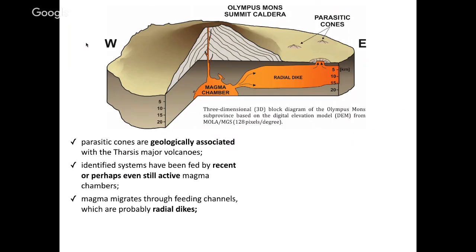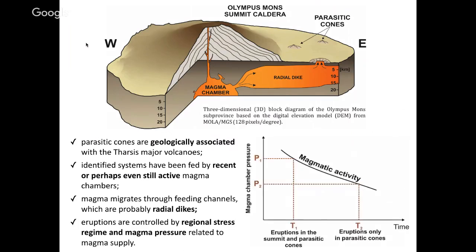Now, they are connected mostly, probably by radial dikes. The geometry has suggested this solution to us in most cases. And finally, I mentioned that they are very often slightly younger than the last activity at the summit calderas.